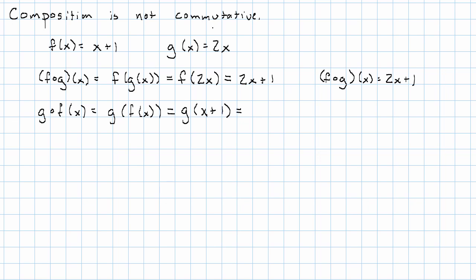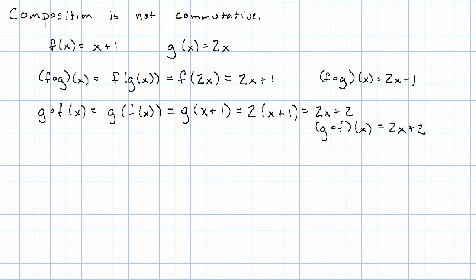What's g? g is the function that takes its input and multiplies it by 2. In this case, the input is x plus 1. Applying the distributive property, we get 2x plus 2. g composed with f of x is 2x plus 2.